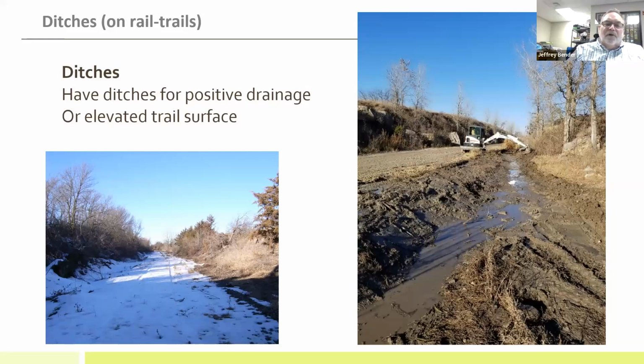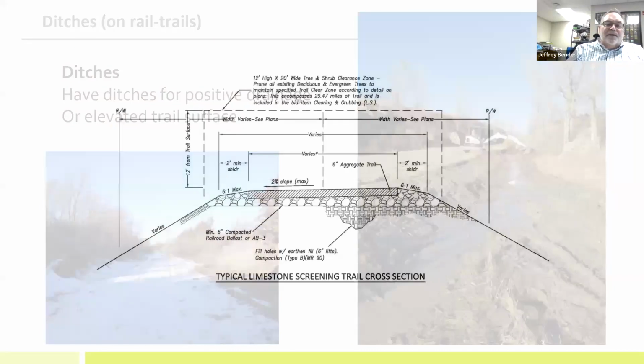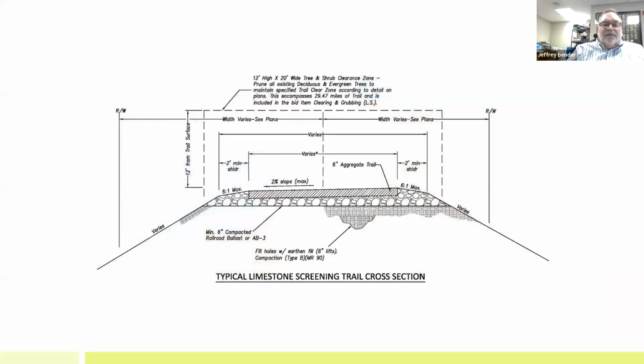You still need to keep water off of the trail surface. So ditches are just a basic thing. A typical rail trail cross section would look like this, except in a place that's flat or is in a cut. So the whole point is make sure you're getting positive drainage off the trail surface.